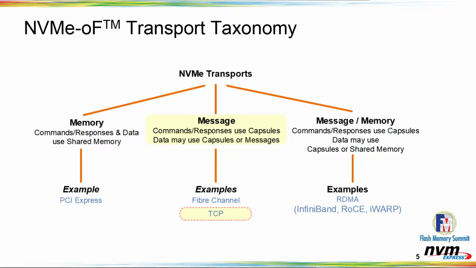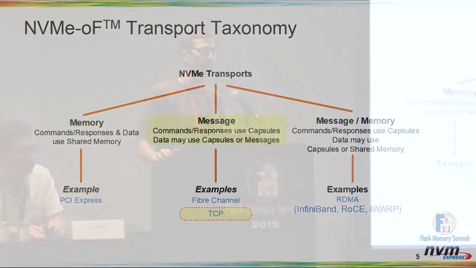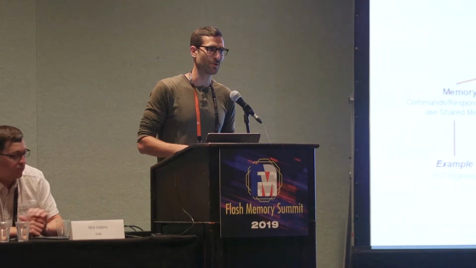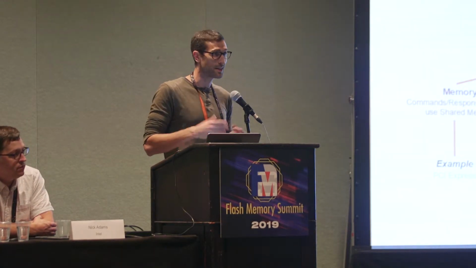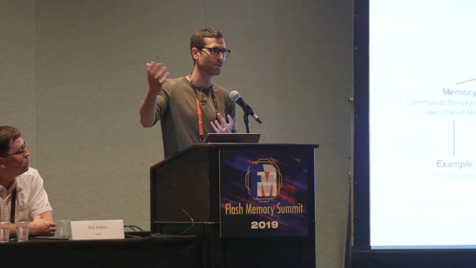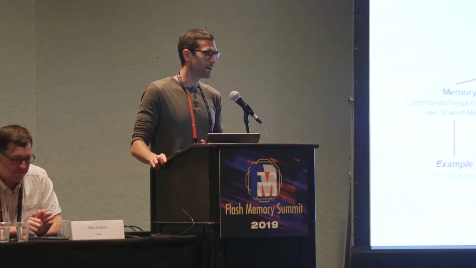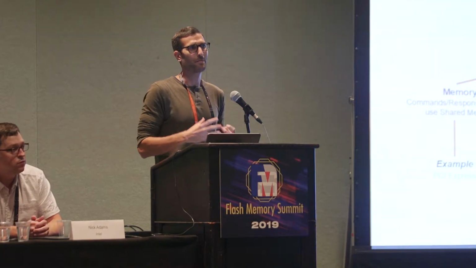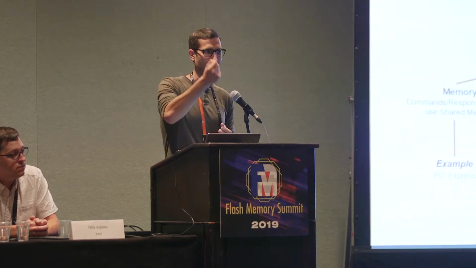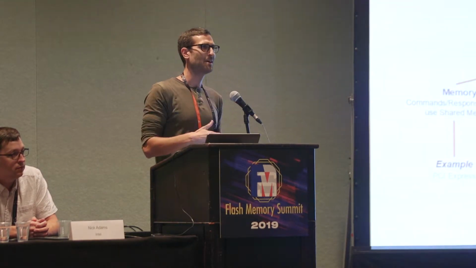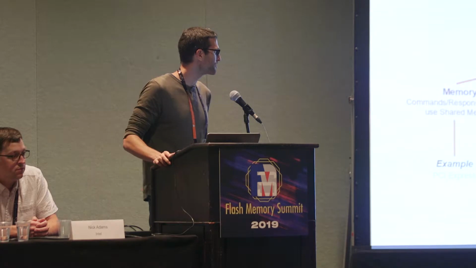We have the message and memory combined model, which is typical for RDMA, where submissions and completions, or NVMe over Fabrics command capsules or response capsules, are sent using message semantics. They're messages sent from the host to the controller and back. But data buffers are still mapped with memory semantics. We basically give out a handle that the target uses to do remote direct memory access to the host.